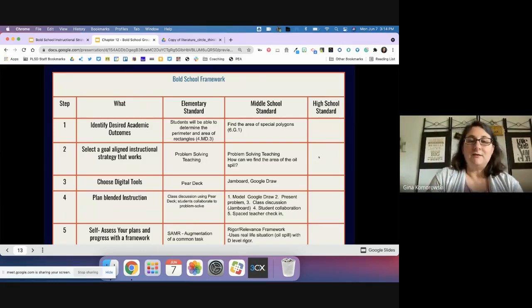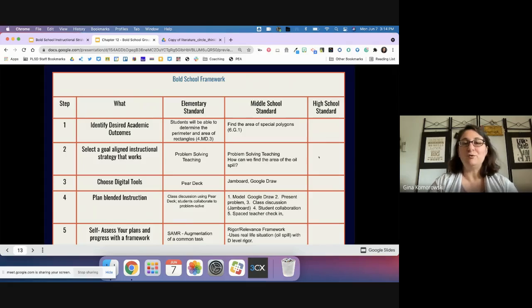So with the Bold School framework, for the elementary standard, especially with the problem-solving teaching, you don't want it to be something as simple as, find the perimeter of this rectangle, find the area of this rectangle. It would be more complex problems, like, create a rectangle with an area of 84 centimeters squared and a perimeter of 40 centimeters.